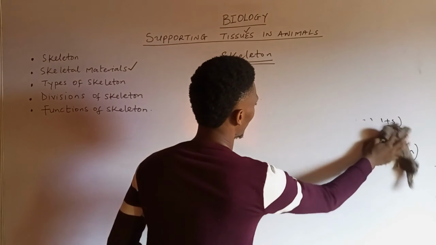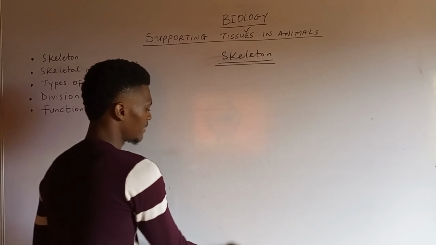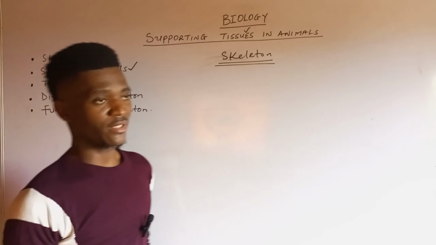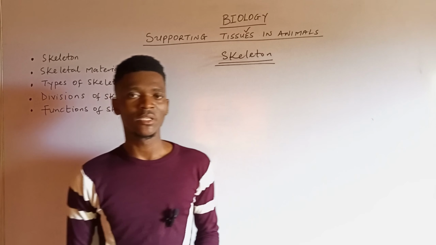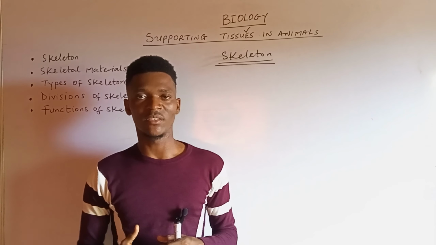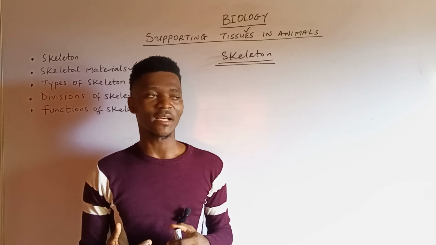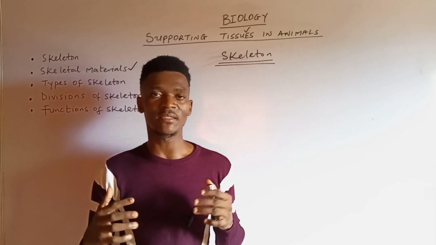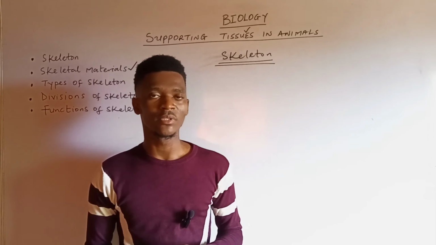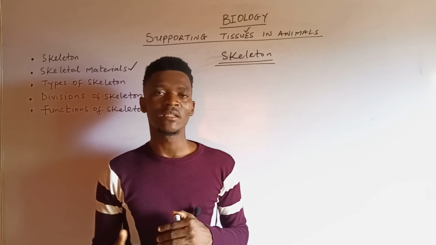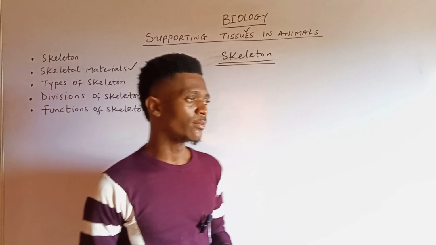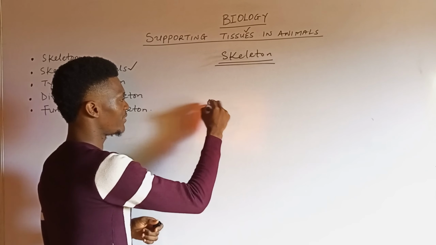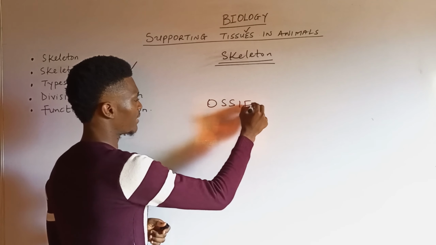But meanwhile, a child that is just newly born has cartilage in the body. And of course, you know that as the child grows up, the cartilage gets converted to bone. That process of converting a cartilage to bone is called ossification. So please don't forget this.